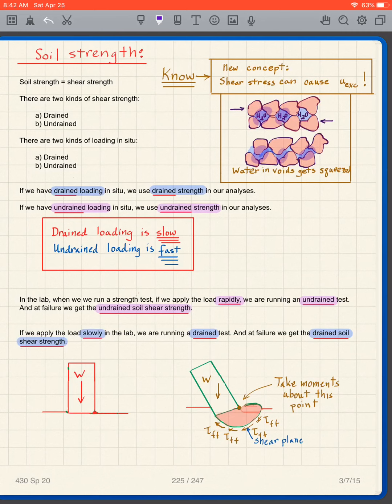And if the particles are falling into those gaps, then the water in the voids gets squeezed, and we get an increase in the excess pore pressure.